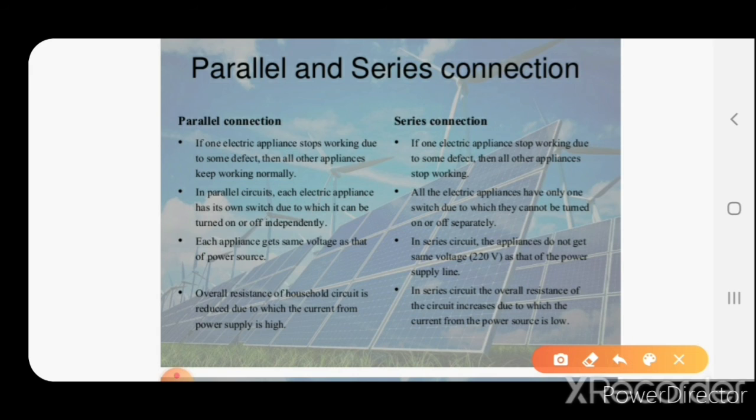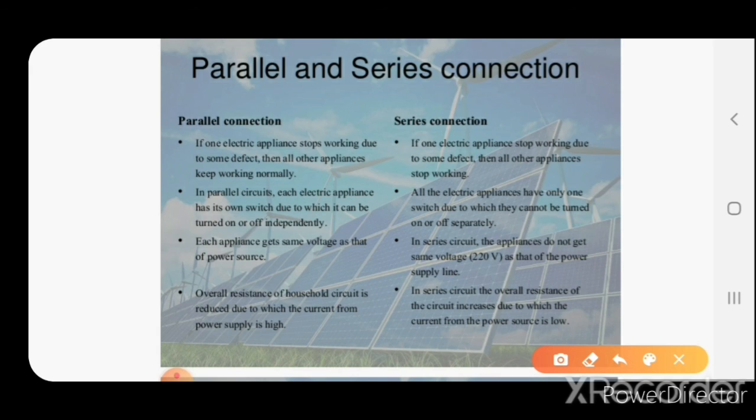In parallel circuits, each electric appliance has its own switch, due to which it can be turned on or off independently. While in case of series connection, all the electric appliances have only one switch, due to which they cannot be turned on or off separately.